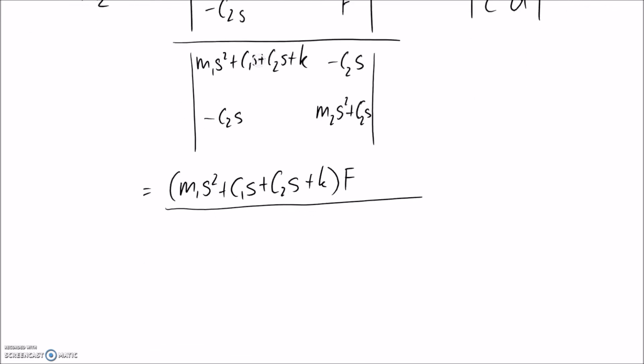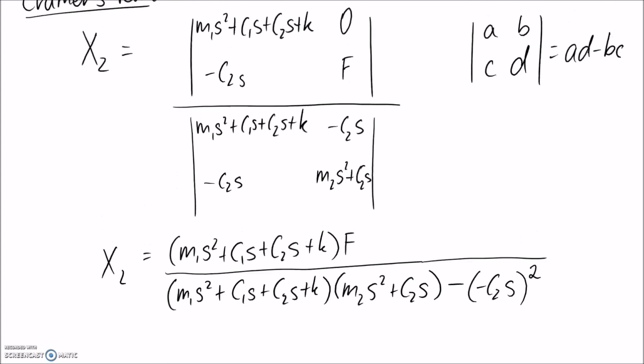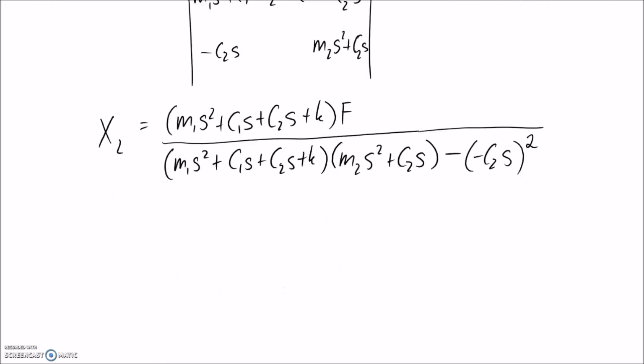And again, we need to multiply these two together. Minus these two. And they're the same, so I'm going to square it. Okay, this is x2 just getting carried down.